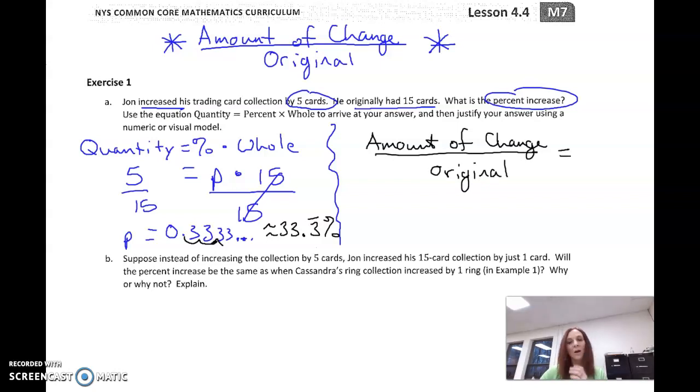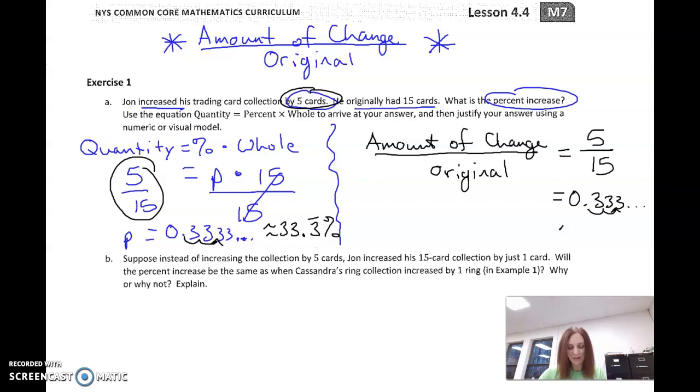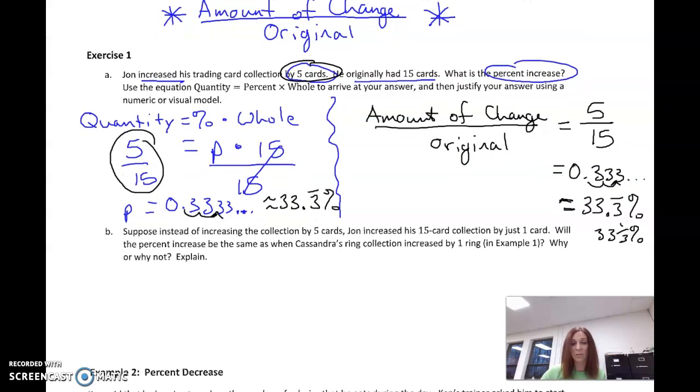So how much are we changing it? 5, right? We're adding 5 on. What's our original amount? 15. Kind of see how we can jump right there. So when you divide that in a calculator, guess what? 0.333 repeating. Move it 2 places to the right, and we still get about 33.3 repeating percent, or you could say 33 1/3%, I guess. This is just maybe a little bit shorter way of doing it. You can get to the same answer either way.